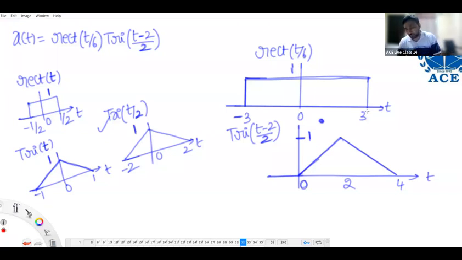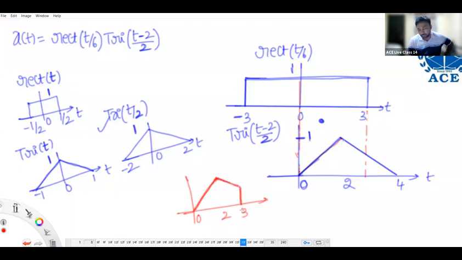Then you find out for what common interval the product is valid. 0 to 3 interval, both signals are there. Only 0 to 3. So 0 to 2, the ramp segment as it is, sir. Because ramp multiplied by constant means ramp. 2 to 3 negative ramp, that portion also as it is.